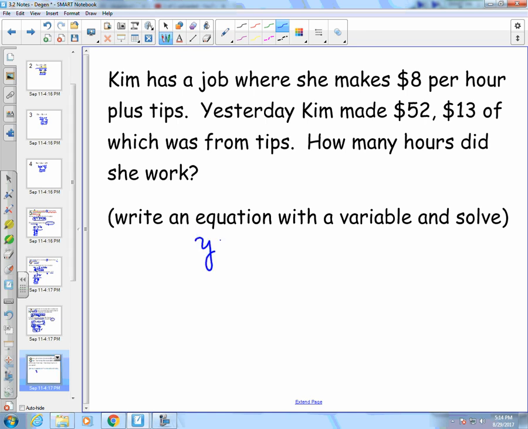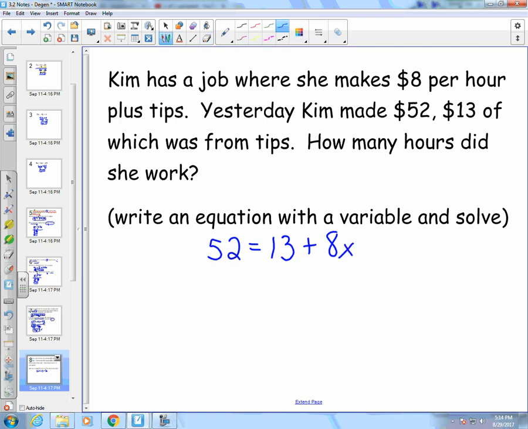Total amount that Kim makes is y. We already know how much she made. She made $52. We're going to put the 52 in for the y. She made $13 in tips plus $8 times however many hours she worked. Instead of the h there, I can write that as an x.